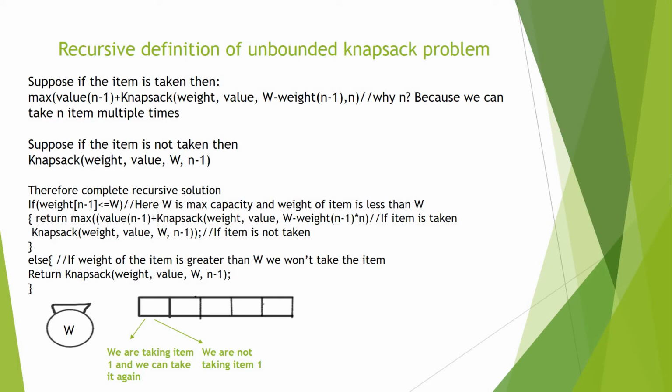If the item has a weight which is less than maximum capacity but we are not taking the item, then we will call the function knapsack(weight, value, W, n minus 1). Else if the weight of the item is greater than W, then we won't take the item. We will simply return knapsack(weight, value, W, n minus 1).